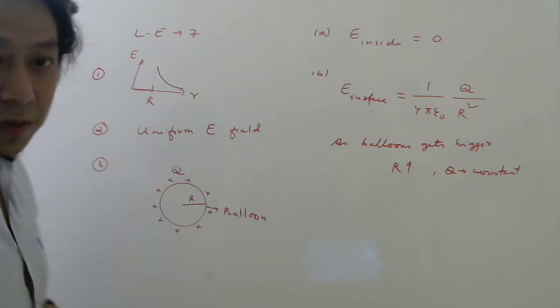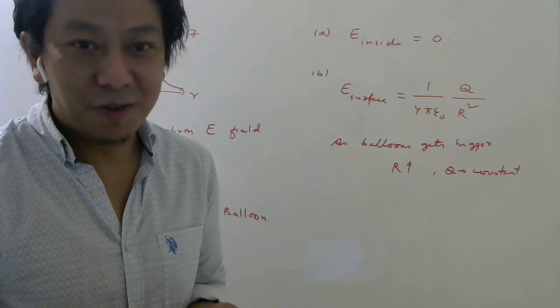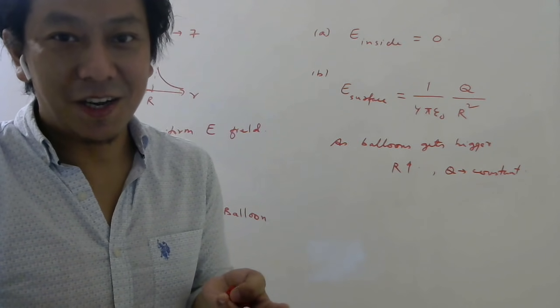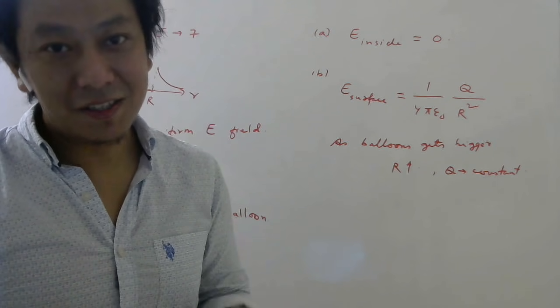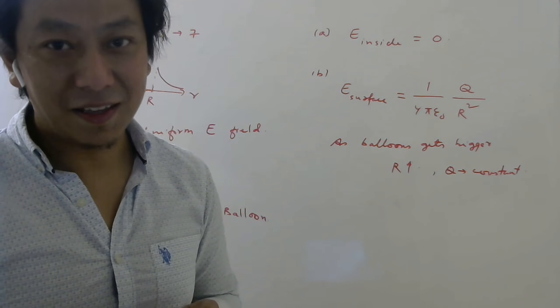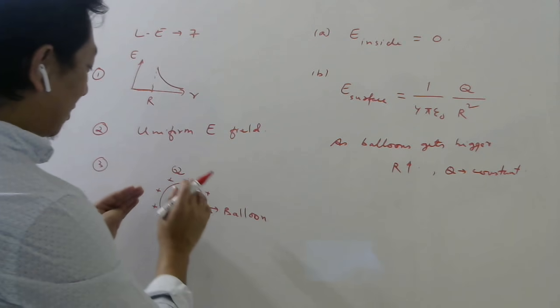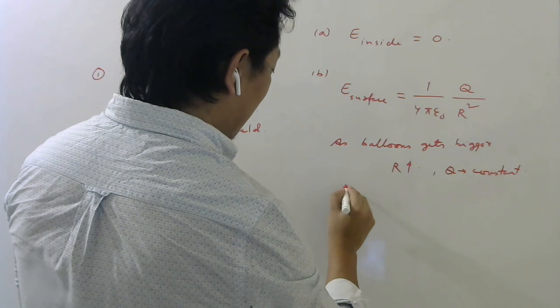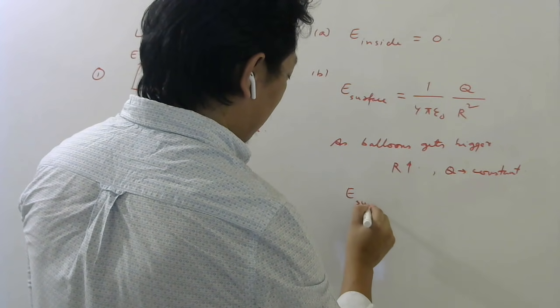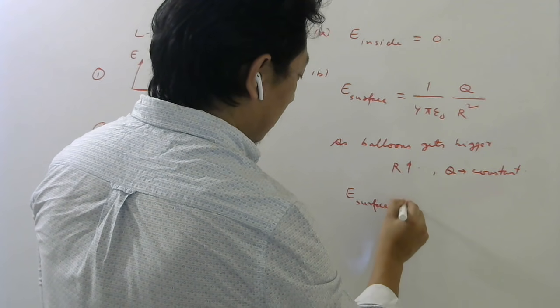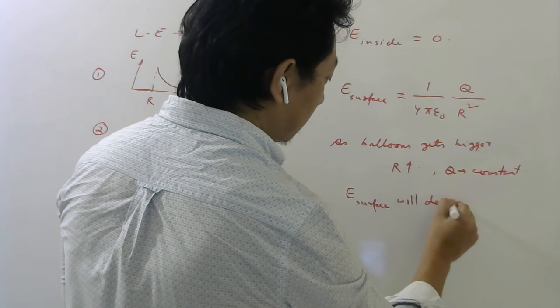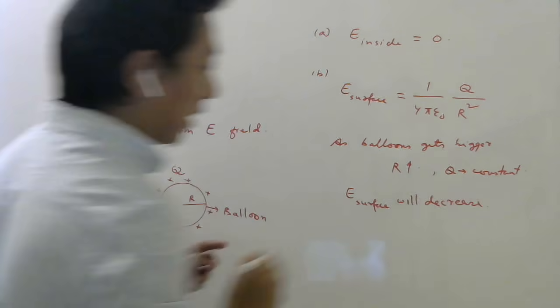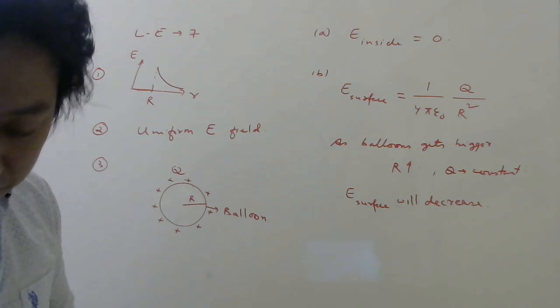Conservation of charge, you know already. As long as it is isolated, charge cannot increase, charge cannot decrease. So total charge is constant, but as the balloon becomes bigger, this radius will increase. So it is very clear the electric field on the surface will decrease as the balloon gets bigger.